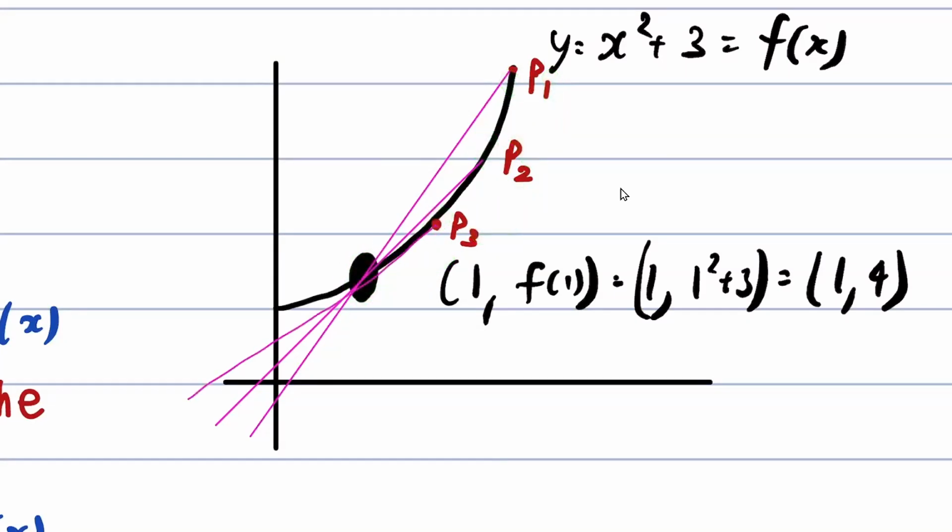Okay, good. Then eventually, once we let this P1, P whatever, reach all the way to the black point itself, we will obtain our instantaneous velocity. If y here represents the distance, then x here represents the time.